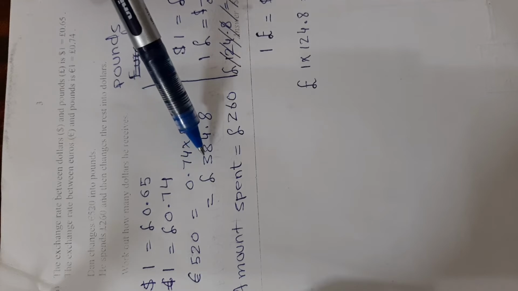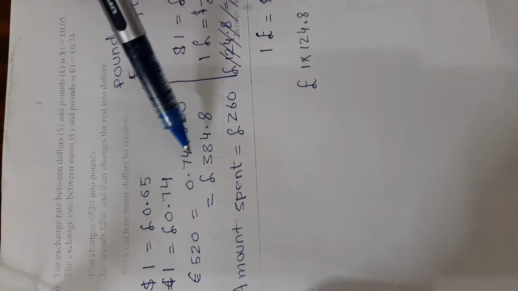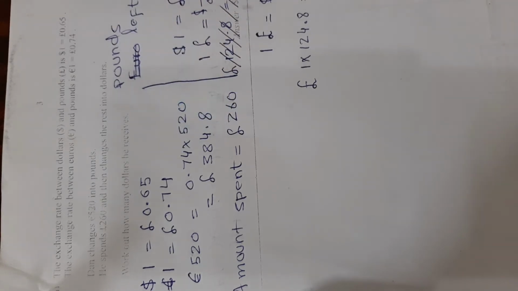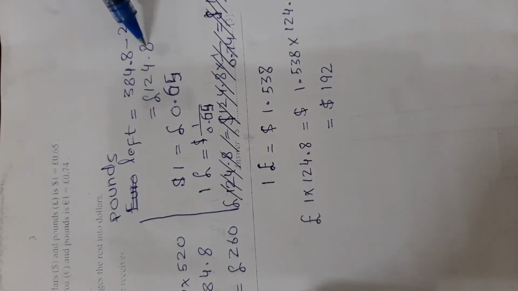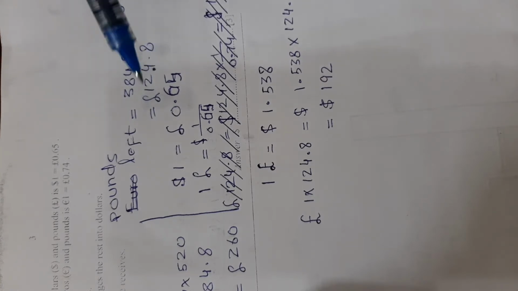Now from this amount he spends 260 pounds. So subtract 260 pounds from 384.8 pounds. You will get 124.8 pounds. Now we have to convert these pounds into dollars.